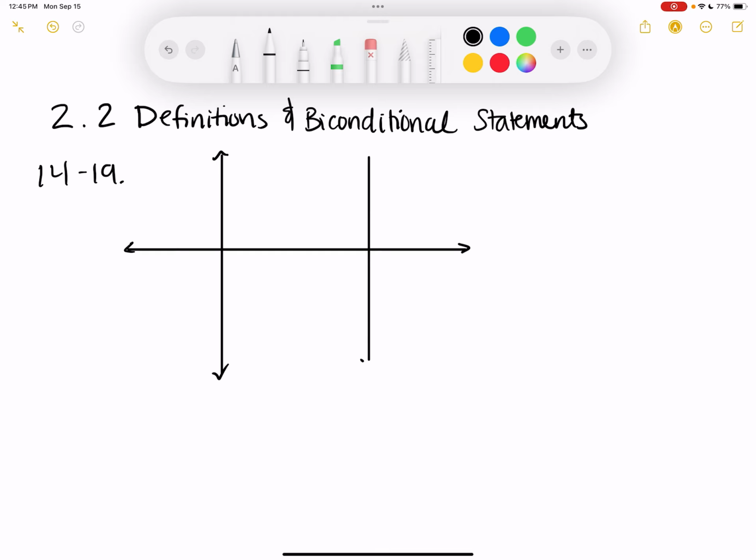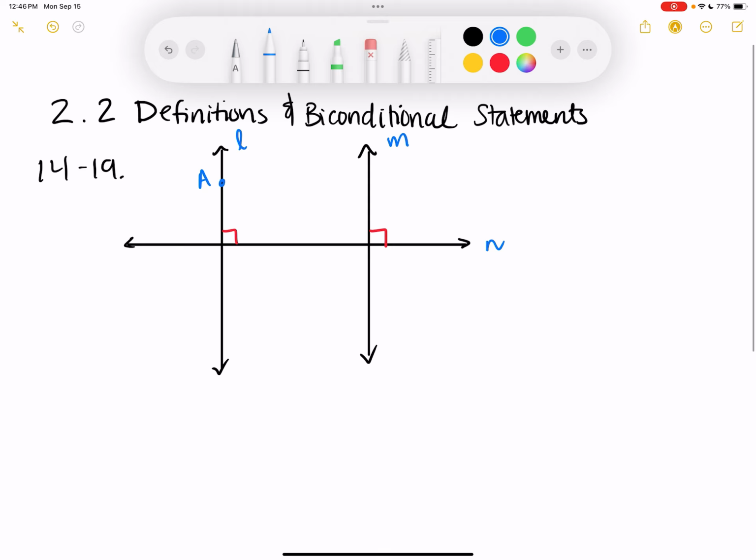You don't have to draw it every single time. All right, so that's what your picture should look like.